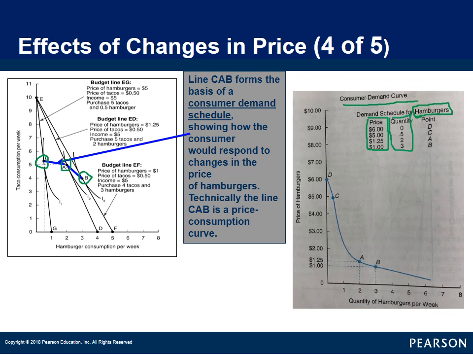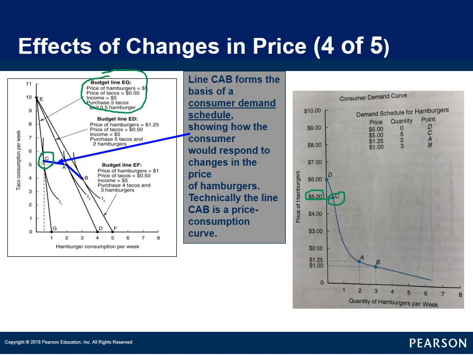So we can see at point C here with the budget graph over here, at point C, if the price of hamburgers was $5, because if you remember, point C was this first scenario, then the consumer demand at the high point was going to be 1 hamburger. And we can see point C over here as well.